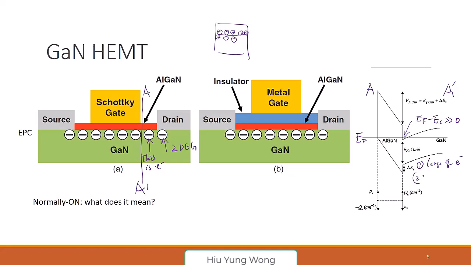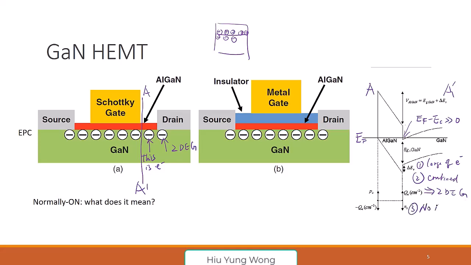What else? It only appears in this small triangular well. We call it a well, so it's confined. If it is confined, then this is a 2DEG, two-dimension electron gas. And what else?